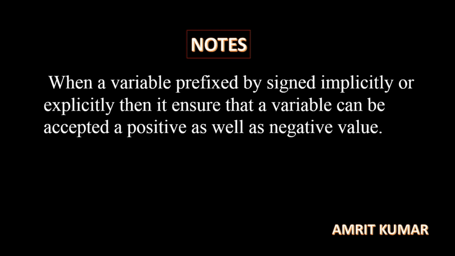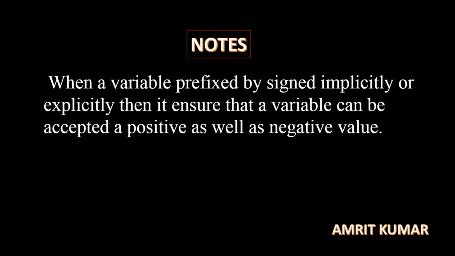So this is the meaning of signed. Whatever variable name I declare, if it is prefixed by signed implicitly or explicitly, either you are defining it or it is defined by the C compiler, then that variable can accept a positive as well as a negative value. And this is the meaning of signed.